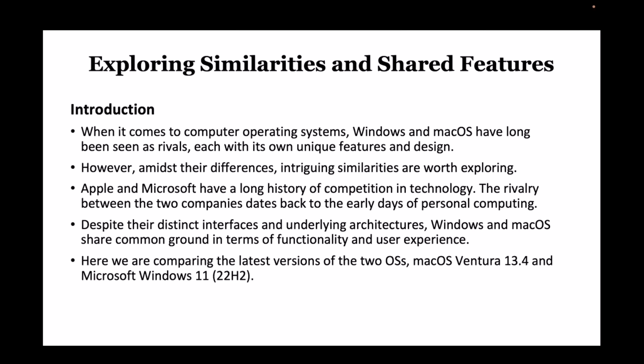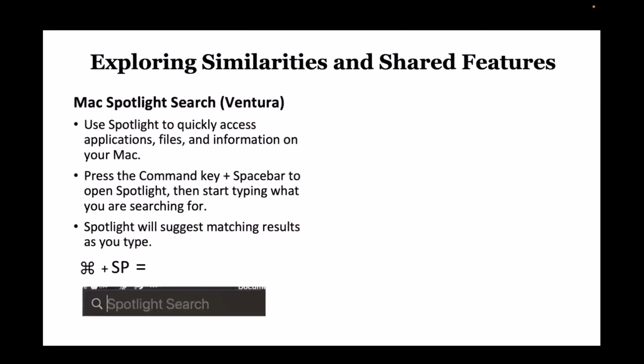Despite their distinct differences and underlying architectures, Windows and macOS share common ground in terms of functionality and user experience. Here we are comparing the latest versions of the two operating systems, macOS Ventura 13.4 and Microsoft Windows 11 22H2. When it comes to searching for files and folders on your computer, you need a tool to do so, and Mac has provided what they call Spotlight search.